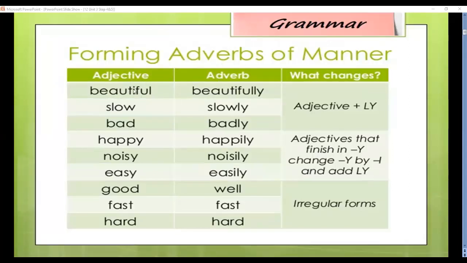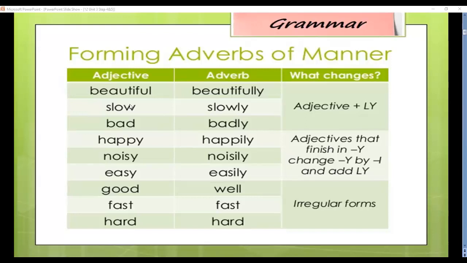The adjective, dear students, is a word which may modify a noun, but the adverb is a word which may modify the verb. So take care. Here beautiful, here beautifully. We add ly to the adjective in order to change it from an adjective into an adverb.